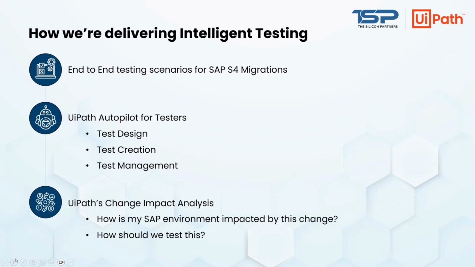And then finally, specific to enterprise testing, UiPath's change impact analysis is the ability to take a look at changes that are coming through your software development lifecycle in an SAP environment, to analyze those changes, to see how those changes are going to impact your production environment, to give you the ability to ask certain questions like, what is being changed?